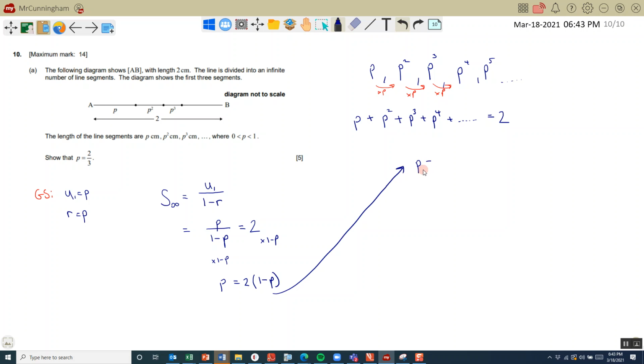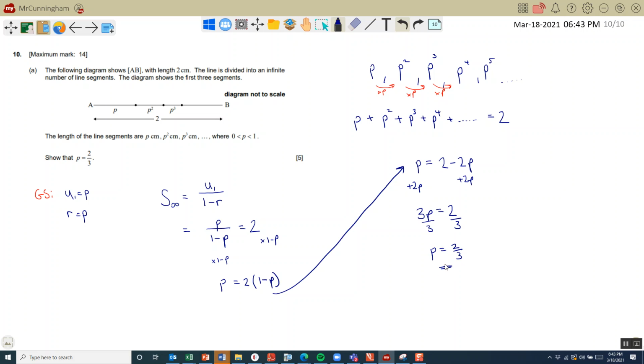So I've got P equals, expand the bracket, 2 minus 2P. I'm going to group my P's together, so add 2P to both sides. P plus 2P is 3P. This is looking good. That all equals 2. Divide both sides by 3, and I end up with P equals 2/3 as required.